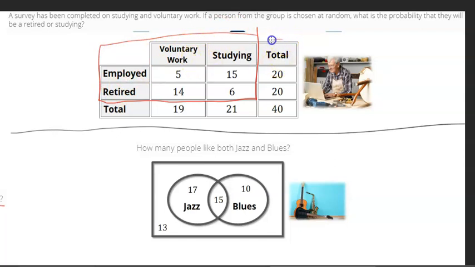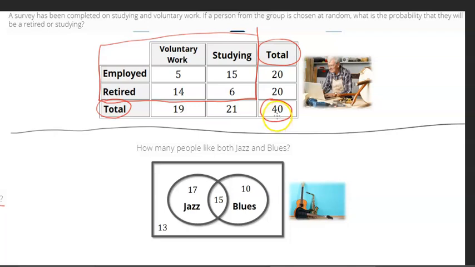But right now we've got an extra bit that shows us the total. And in honesty, this makes the question easier to attempt because it's given us a total amount of people surveyed. So instead of having to add all of these numbers up like we did in the previous, it's given the total amount of people that were surveyed here. And this total is 40.